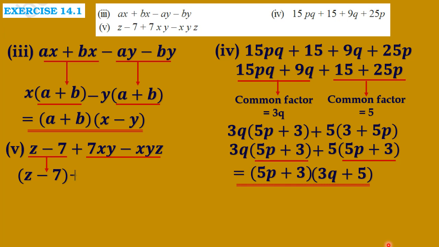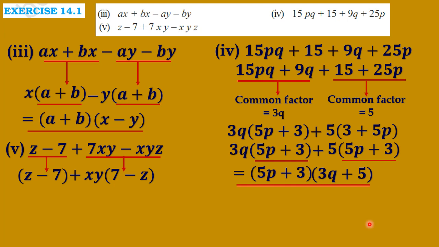Okay. Then plus. Here 7xy is common, is it? Sorry, not 7xy, xy is common. So when you take xy common, 7 minus z. But some problem is there.